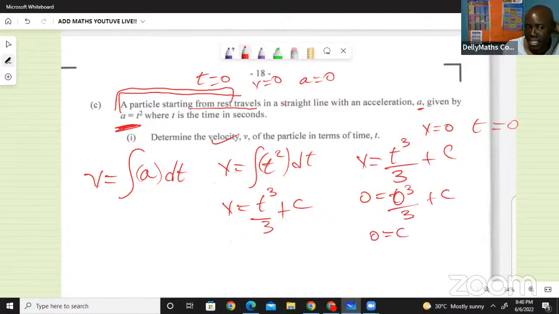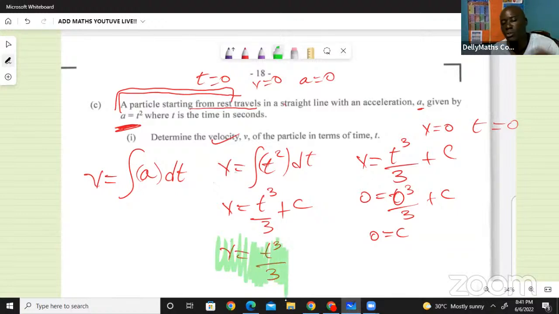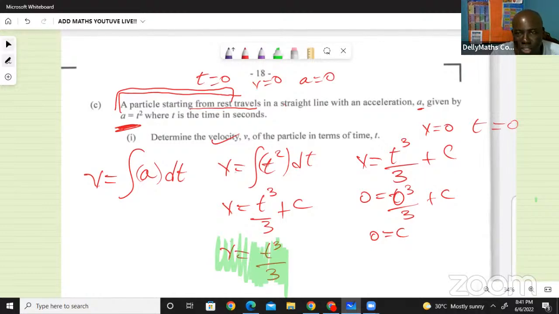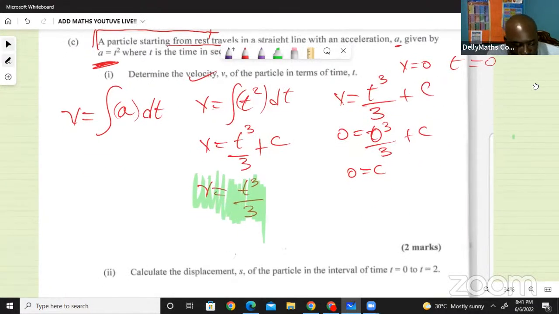Now, if my c is equal to 0, I could definitely say velocity is straight up t to the third over 3. I don't have to worry about the plus c anymore because the constant is 0. So I am very confident to write that velocity is equal to t to the third over 3.